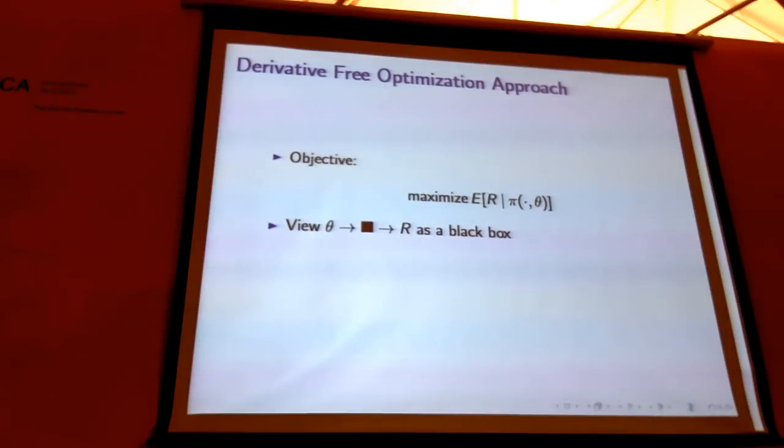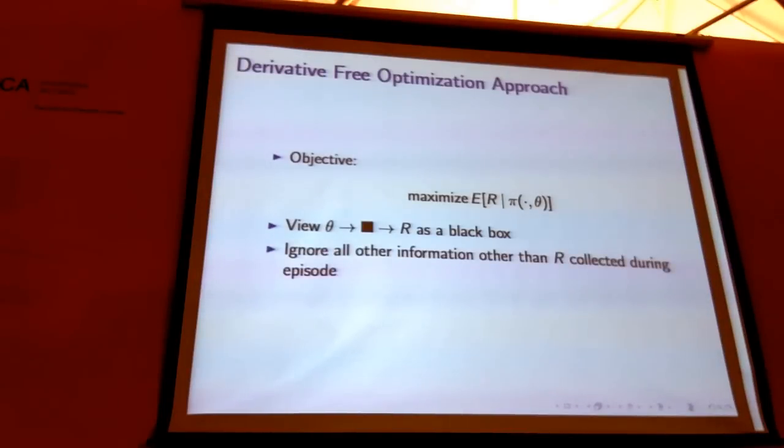Since we have no idea what's going on in the black box, the only way to optimize theta is to try out lots of different thetas, and some of them look better than others, so we just move towards the good ones. We're ignoring all information other than R collected in the episode. That's the black box approach.